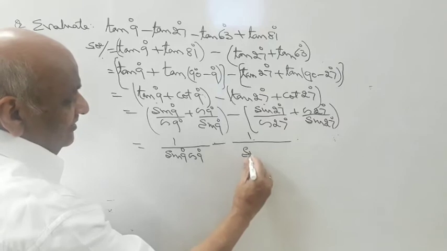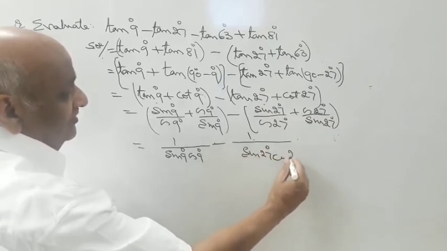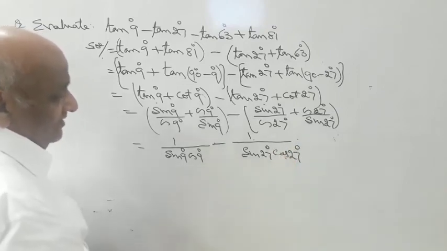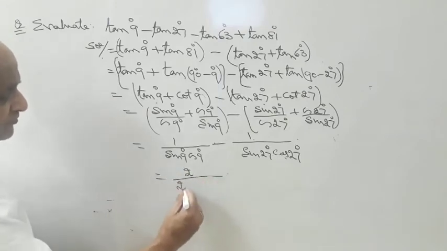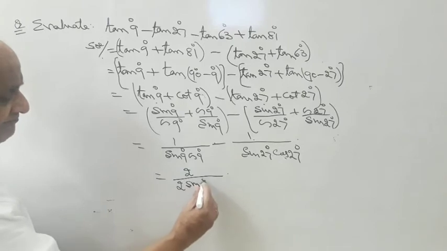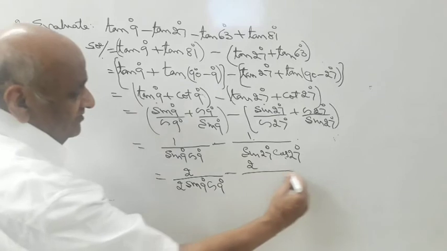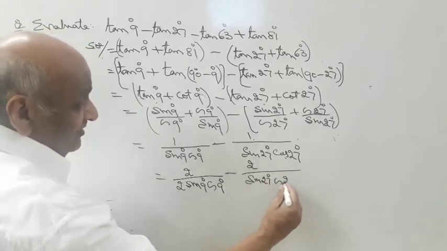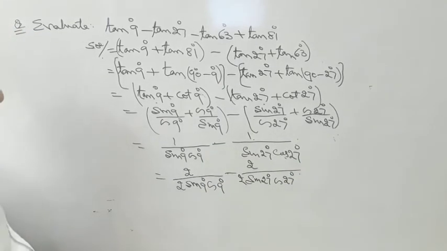sine 27 degrees into cos 27 degrees. Now this is 2 upon 2 sine 9 degrees cos 9 degrees minus 2 upon sine 27 degrees cos 27 degrees. 2 sine A cos A. 2 upon 2 sine 27 cos 27.